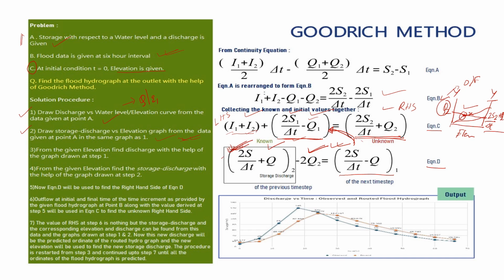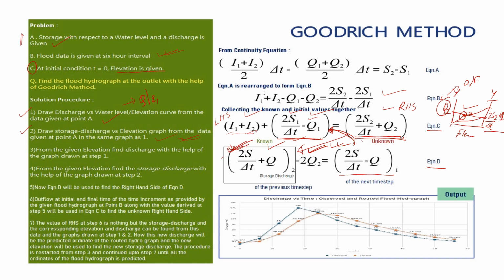Then what happens is very interesting. You put this 2S2 by del t plus Q2 here for the next period calculation. And now it is another interesting part.